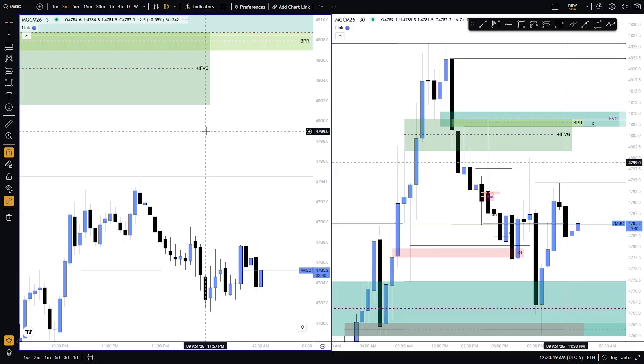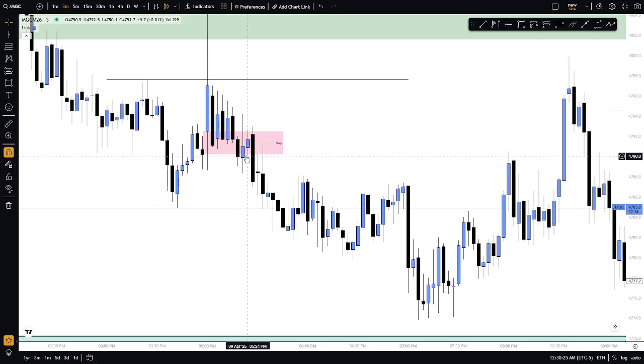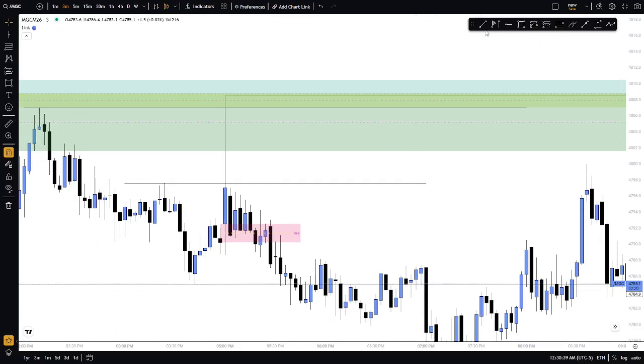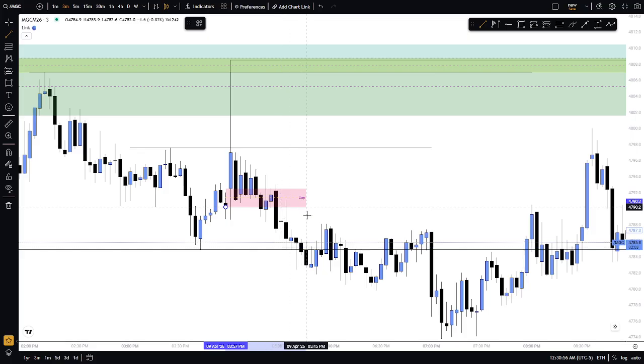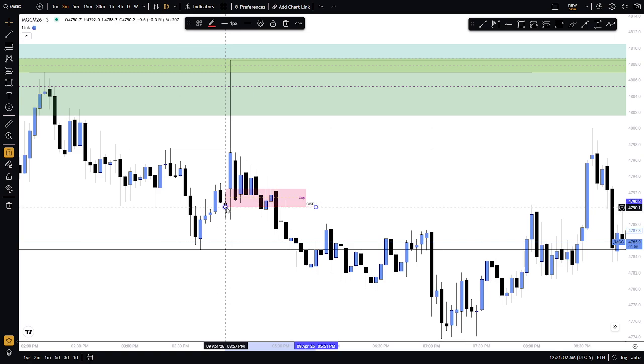At this point, on the 3 minute, I would use this inversion of the gap that occurred right here as my first confirmation that sellers are now in control of the market, because I developed my strategy around liquidity being taken, an inversion, which should have been an inversion of this gap, and also a change in state of delivery, which should have been right here, given that this initial swing point took out this liquidity.